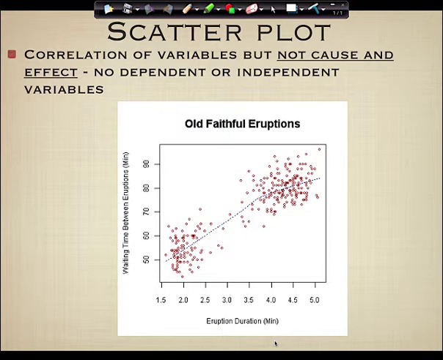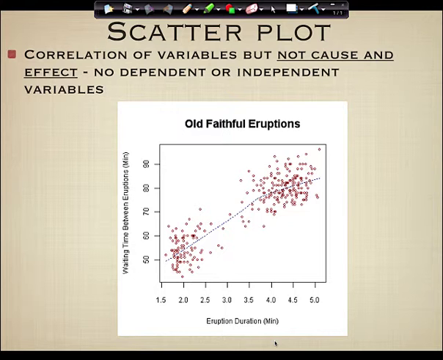So the longer that you wait for an eruption to take place, the longer that eruption will be. Is that what this graph is saying? Yeah, because look, guys, if we go up the length of the wait, we find out that the longer we wait, the longer the eruption will be, right?